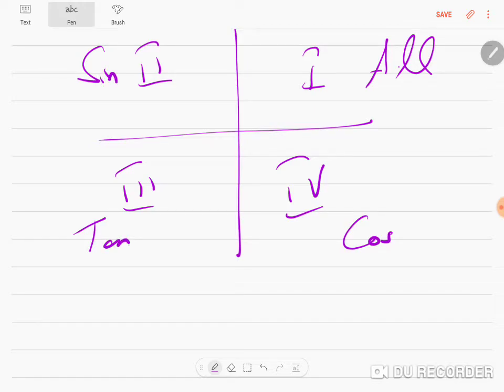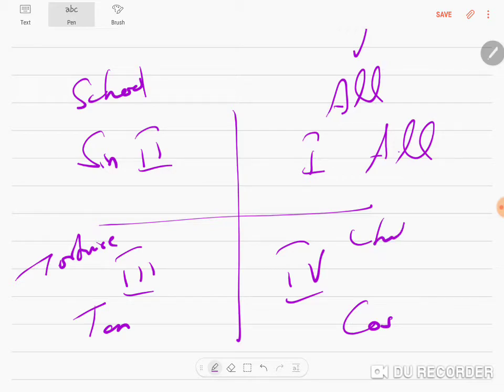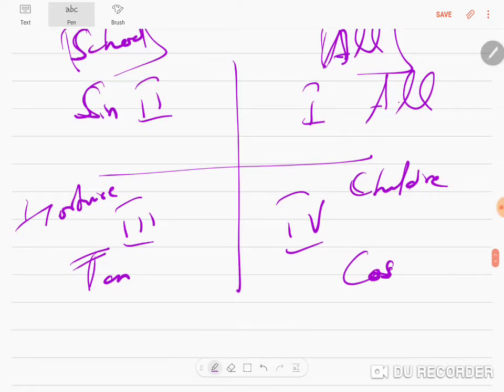All, sin, tan and cos. We simply remember it as "All School Torture Children". So that way the first letter of each word will indicate which is positive there. This is cos. Okay. So, All School Torture Children.